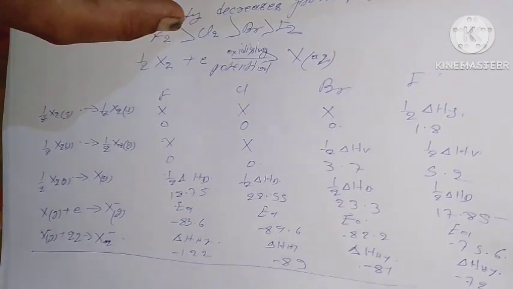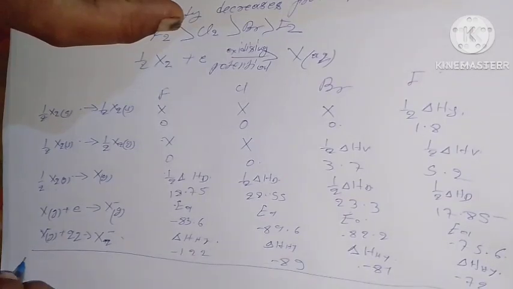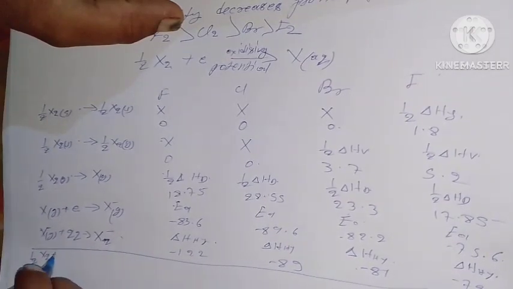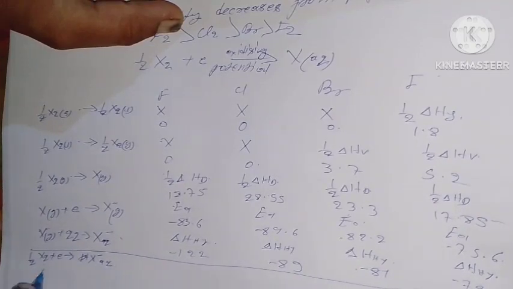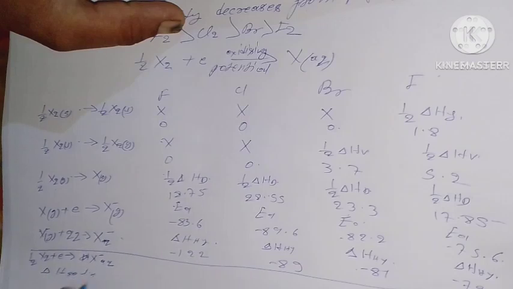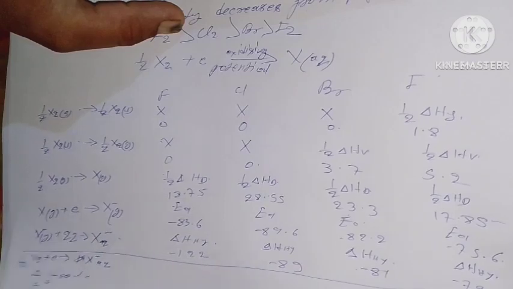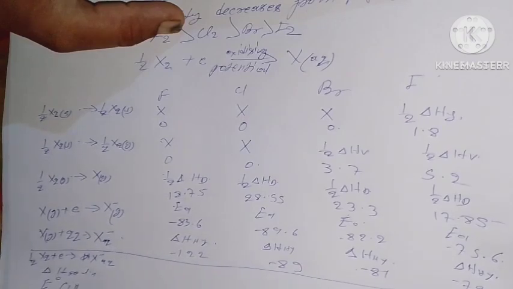Okay, and after this, the final reaction is half X2 plus e going to X negative, with delta H E naught.